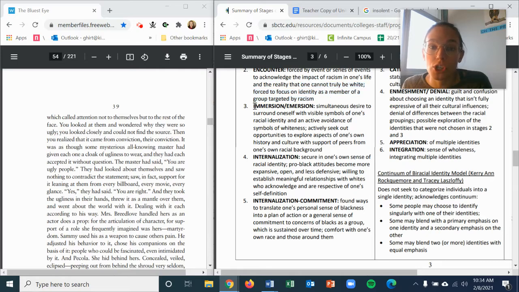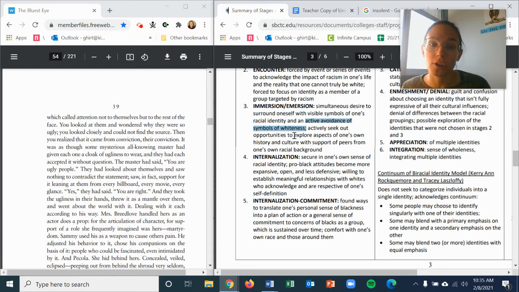Then there's immersion/emersion, where there's a desire to surround oneself with visible symbols of one's racial identity. So moving past the notion that white is right or the racism that one experiences, people at this next stage actively avoid symbols of whiteness.